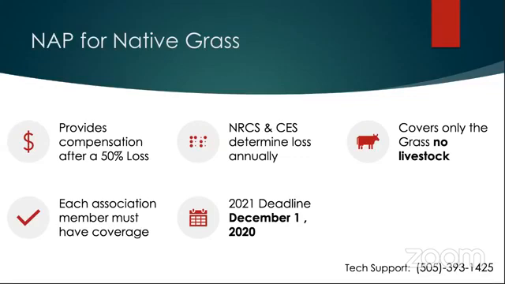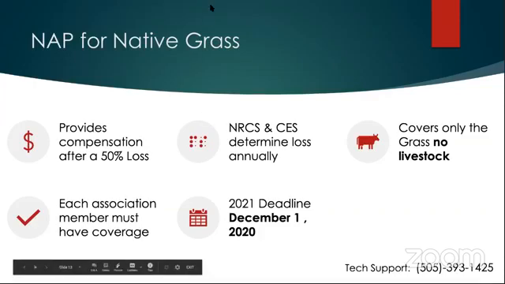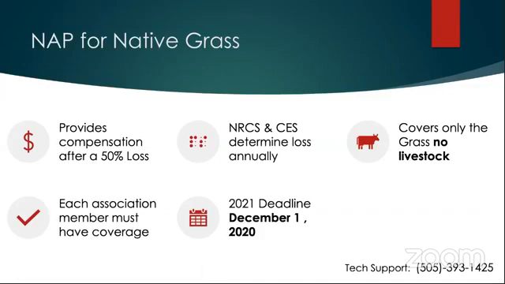So that first 50% loss due to maybe drought, that's on the rancher. FSA doesn't come in to start helping until after that. Our partners, NRCS and NMSU County Extension Service, typically determine the loss annually. We usually don't get those loss determinations until about February, because they're analyzing the whole calendar year from January 1st through December 31st.